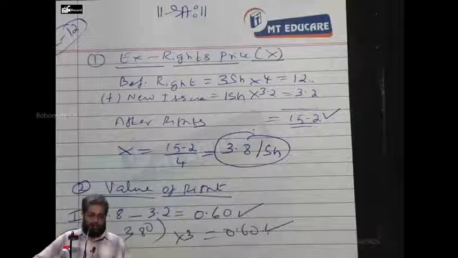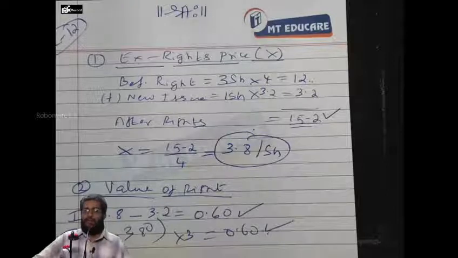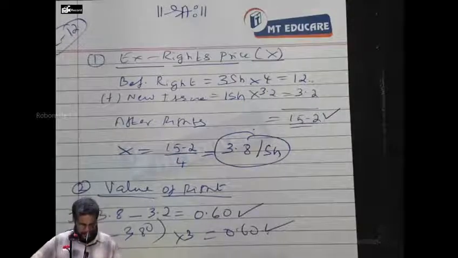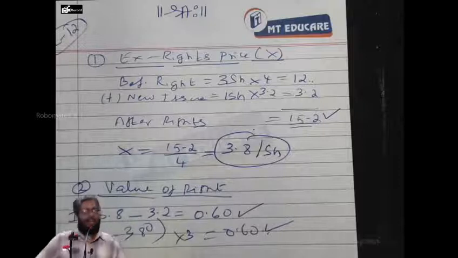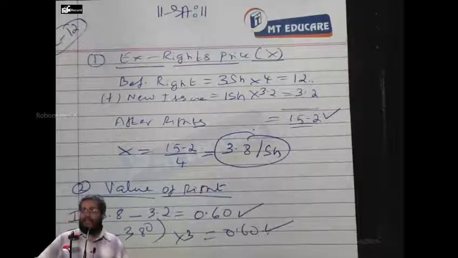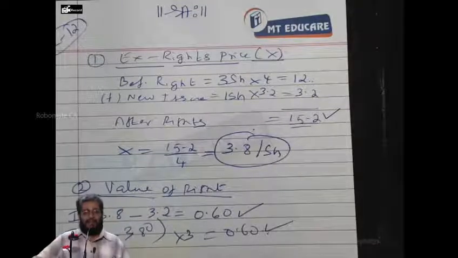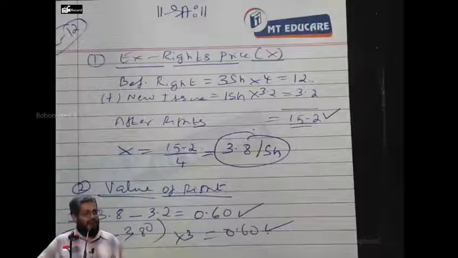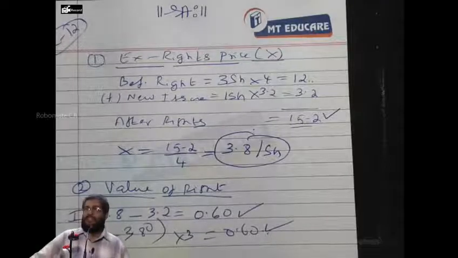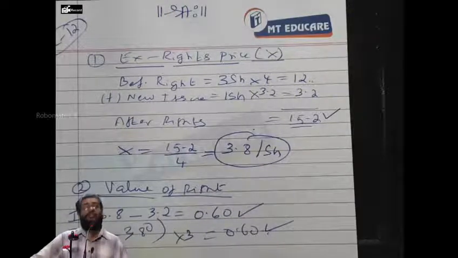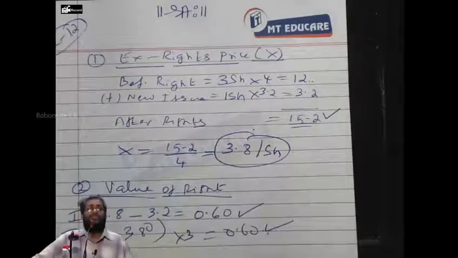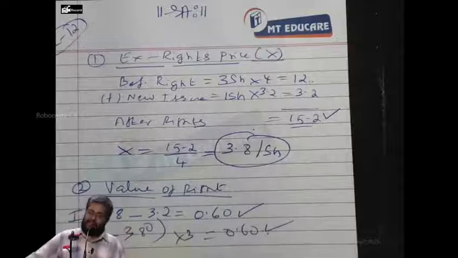The existing shareholder, if he renounces the right in favor of another person, should charge how much paise? 60 paise.